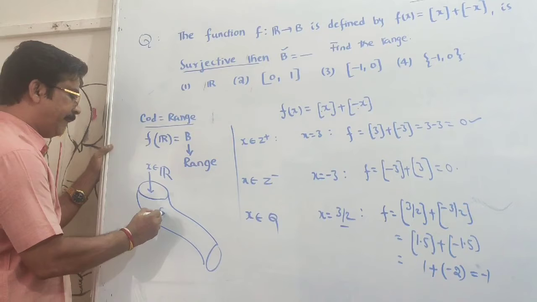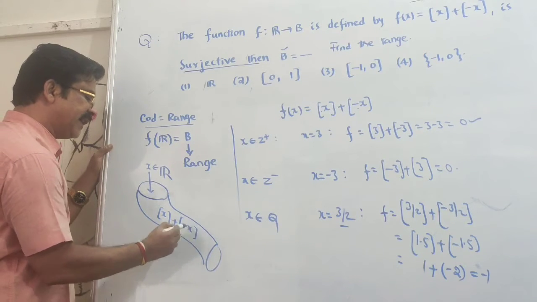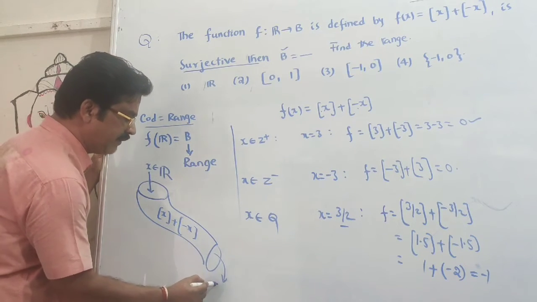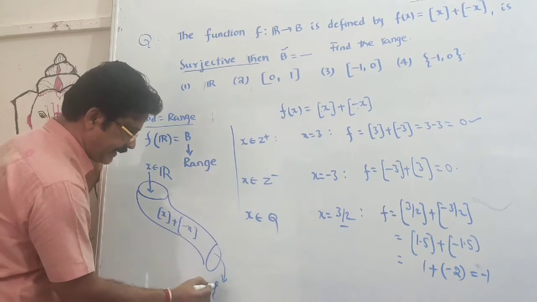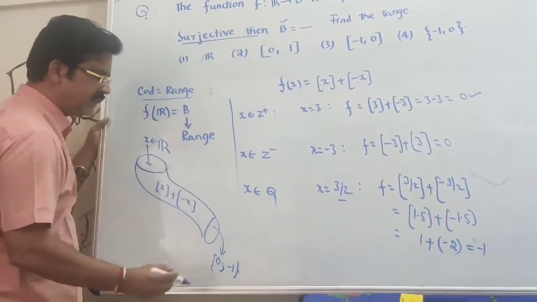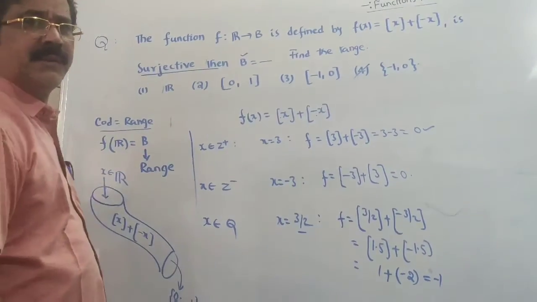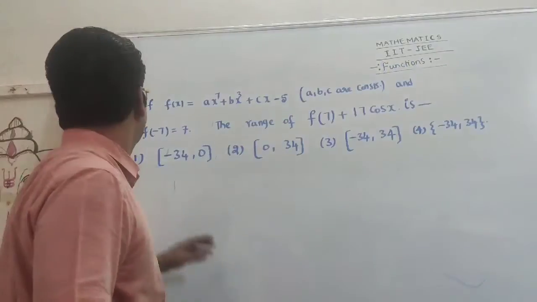The function is floor of x plus floor of minus x, so the output will be either 0 or minus 1. So which option is right? The fourth option is right.